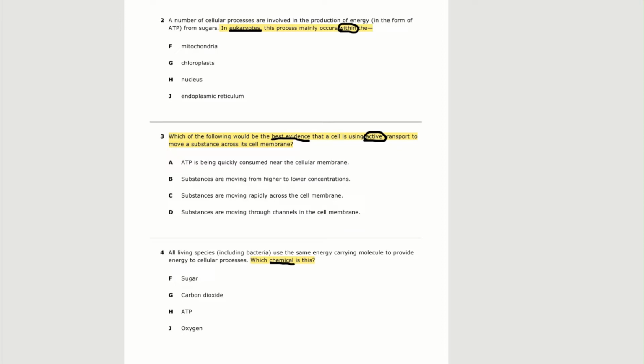Next, in eukaryotes, we just went over eukaryotes. You can go look at the notes on top. This process mainly occurs within the, well, I circled within because that's important. What does that mean? Within, right? A number of cellular processes are involved in the production of energy, ATP, right?